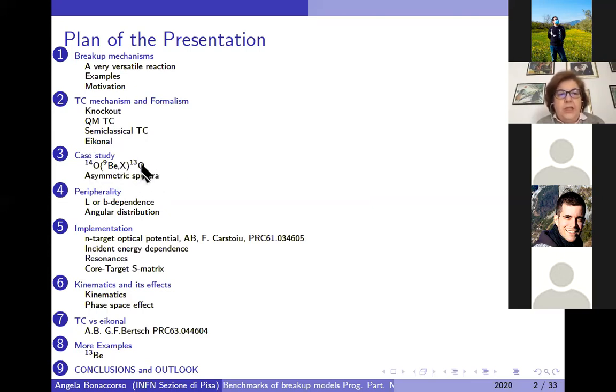So when Jean started to work with me, he was interested in checking this, and I was also interested in checking with him. And then there are some technical details which have to do with the peripherality of the reaction, the implementations of the various ingredients and kinematics, and so on and so forth.